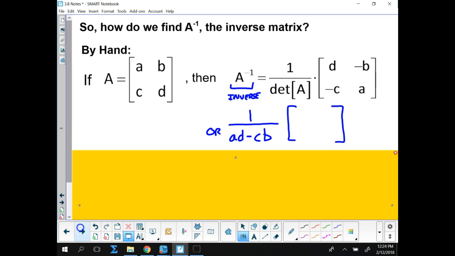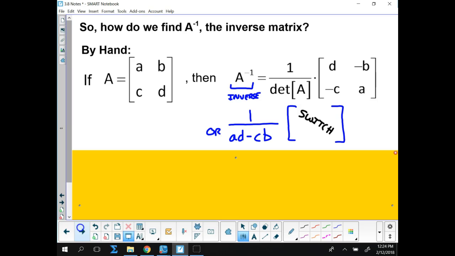What do you mean backwards? I switched A and D. Okay, so that's the first thing that I did, is I switched the main diagonal. What else did I do?